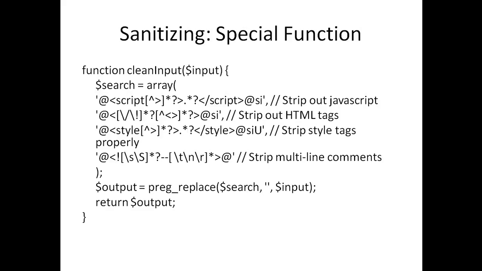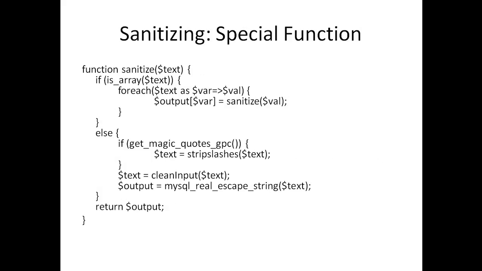Now this builds onto clean input the next one, which is the sanitize function. Sanitize function says, okay, if what you pass sanitize is an array, then for each element in the array, sanitize it by calling the sanitize function with each element. So if you have nested array after nested array after nested array, this will get it until it's down to a regular variable, string or whatnot.